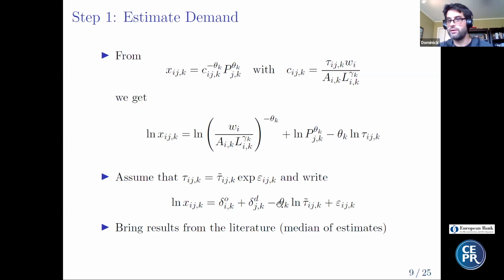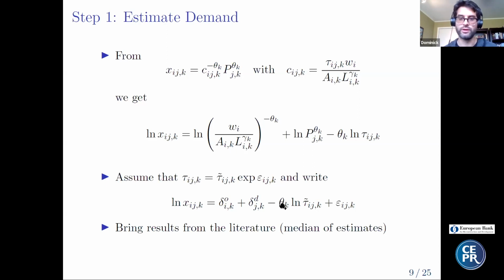So this is a standard approach in the gravity literature. We don't have anything to add to it. And so we're actually ourselves not estimating these parameters. We're bringing results from the literature. We do a very small meta-analysis and take the median of the estimates. And we explore robustness to different values. Okay, so this would be the strategy.